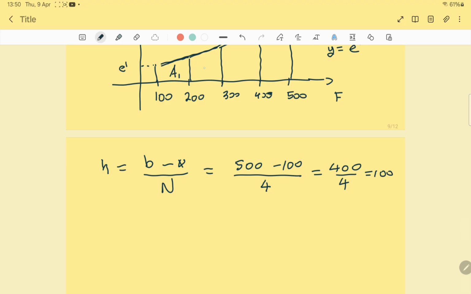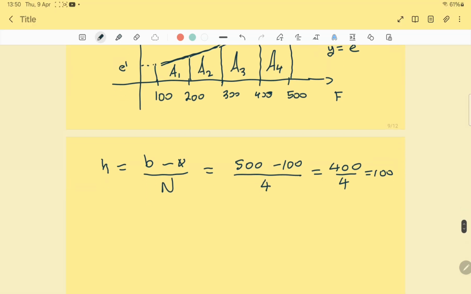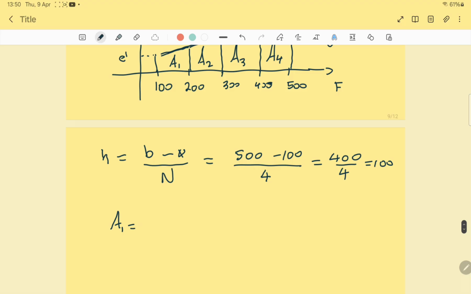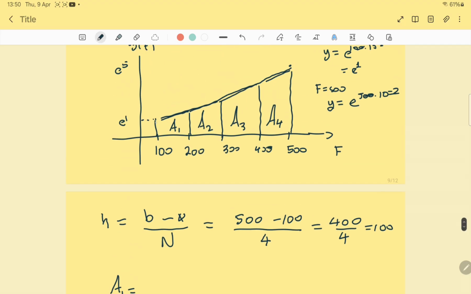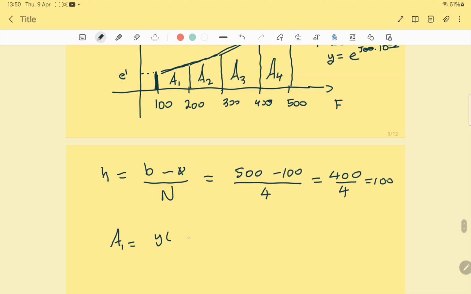So I have the area of the first trapezium, the area of the second, the area of the third, the area of the fourth. I need to find these slices. So A1 is going to be the small base, y evaluated at 100, plus the big base, y evaluated at 200, times the height, which is this slice, 100 over 2.